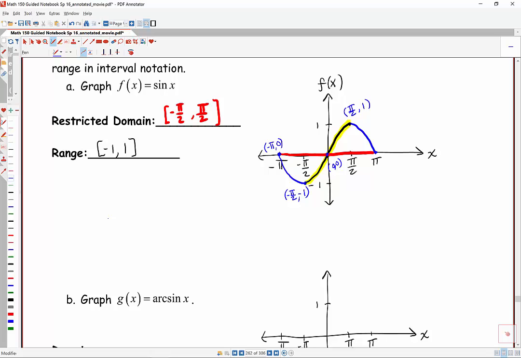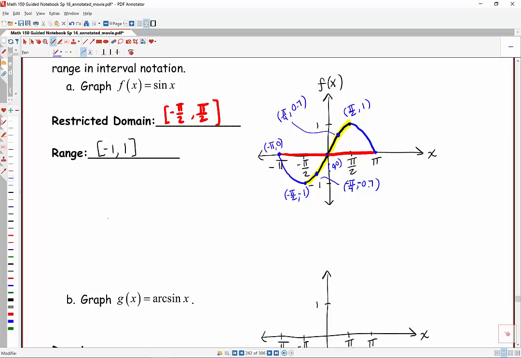So here, this ordered pair right here is going to be at pi over 4, and it's approximately 0.7, and that's actually negative pi over 4, negative 0.7, and then up here you'd have positive pi over 4, positive 0.7, right?